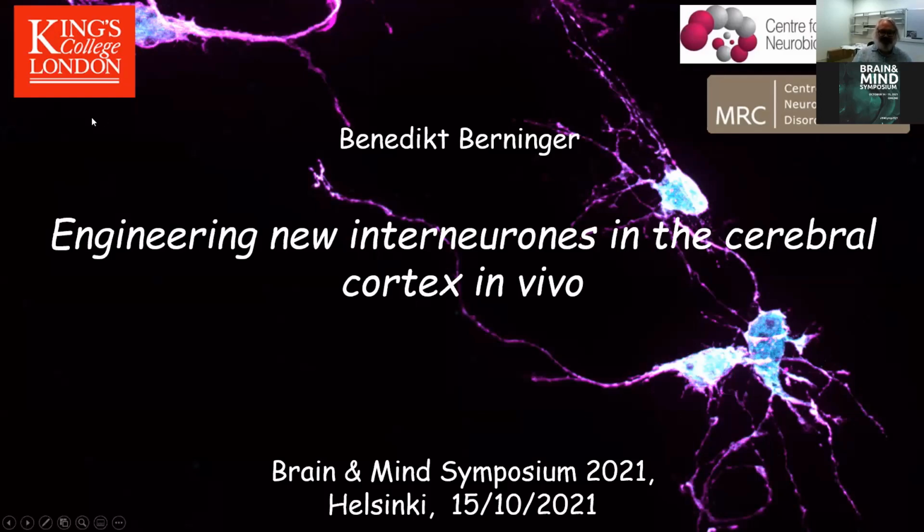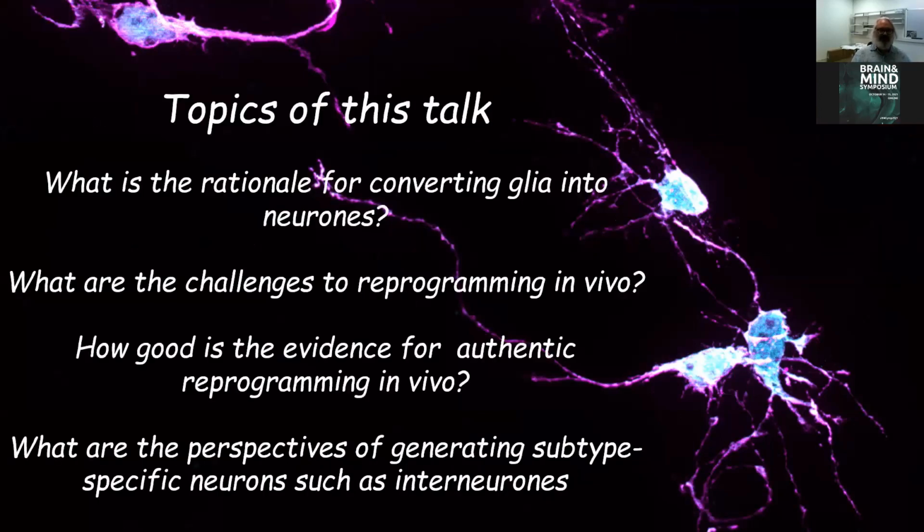So yes, let's get started with the talk. The topics that I want to cover in this presentation are: what is the rationale for aiming at converting glia into neurons, and what are the key challenges to actually achieve this in vivo.